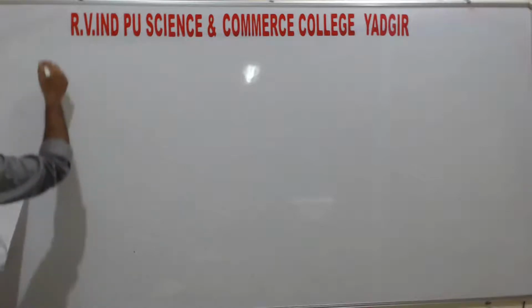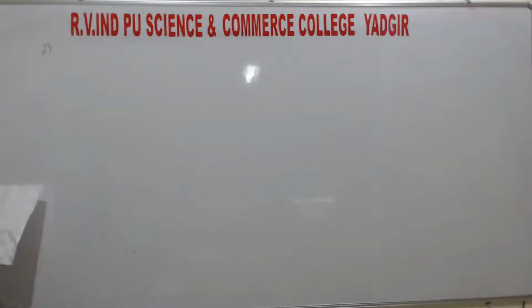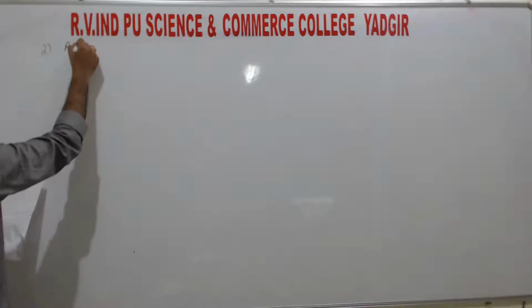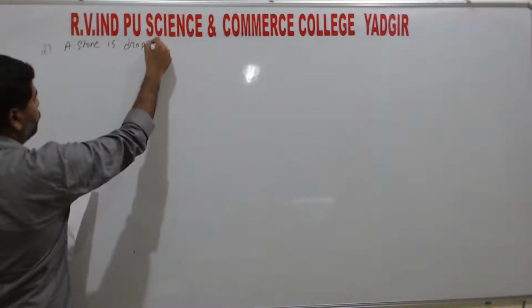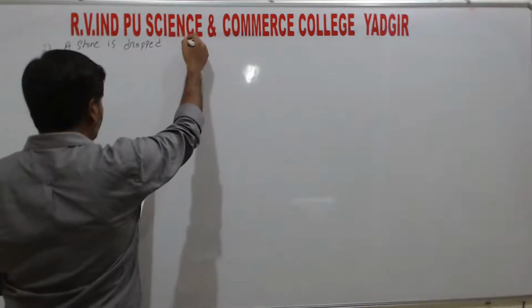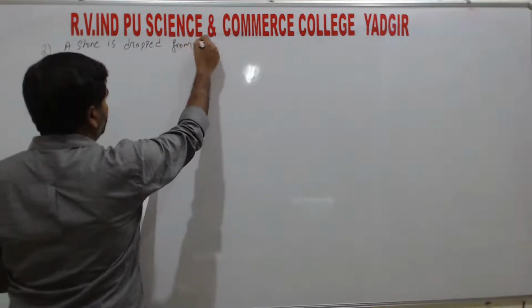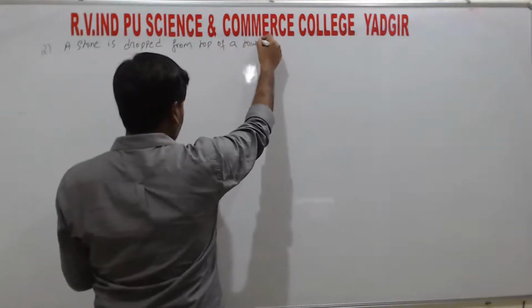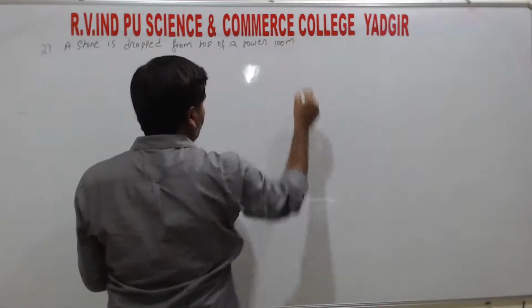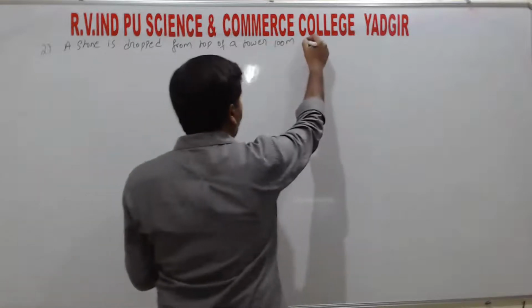Right. Next, second question. A stone is dropped from the top of a tower, 100 meter height.